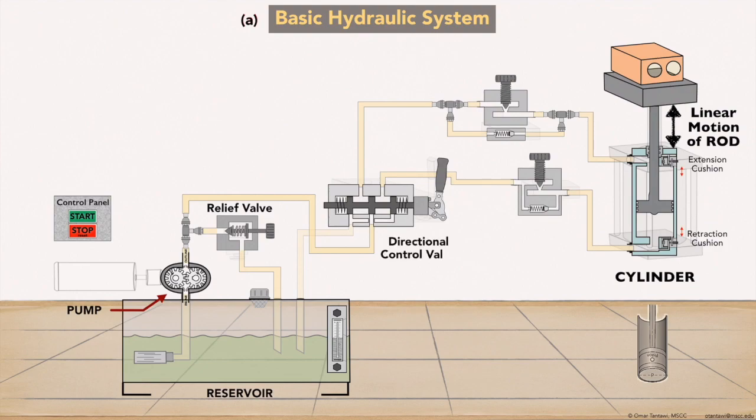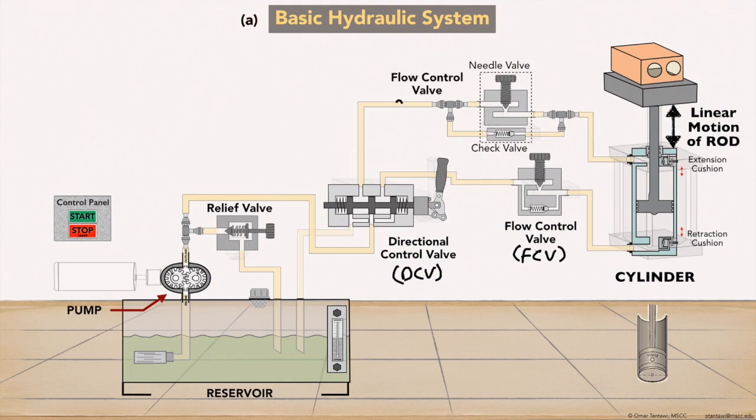Moving to the control unit, we have a direction control valve, DCV, a flow control valve, FCV, a combination of a check valve, which is also called a one-way valve, and a needle valve to make one flow control valve, or FCV.